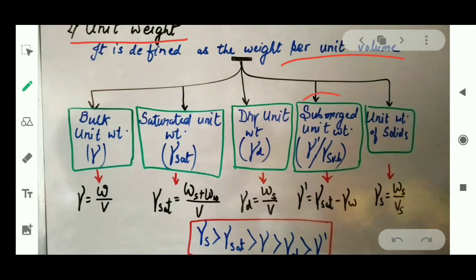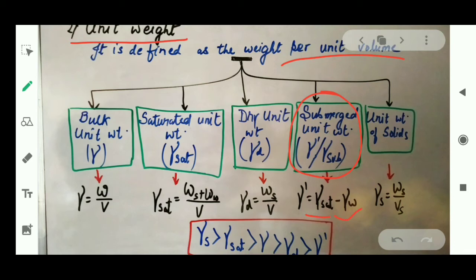Coming to the submerged unit weight. As you can see, I have written gamma submerged is gamma saturated minus gamma W. As you can see, gamma sat minus gamma W, right?